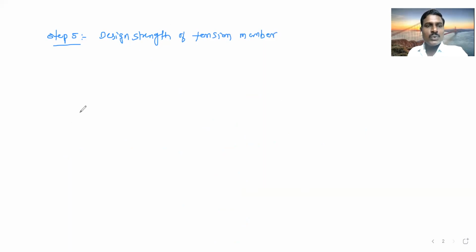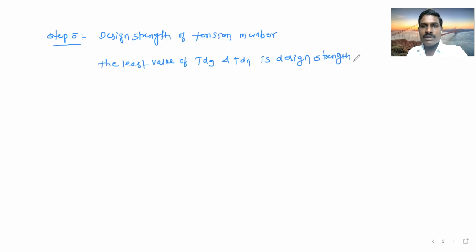So out of these two, TDG and TDN, the least value of TDG and TDN is the design strength of the tension member.